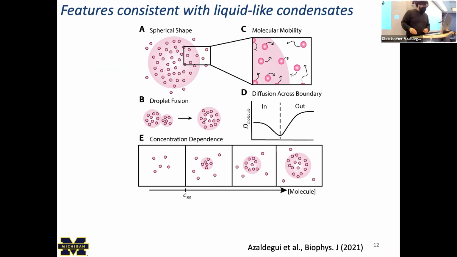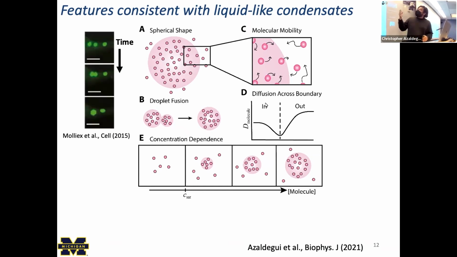So earlier I mentioned that there were specific observable properties of these compartments or these membraneless organelles, which suggested that they are behaving as liquid and potentially being formed through this mechanism of phase separation. And so I mentioned that using fluorescence imaging, they were able to observe that these membraneless organelles were forming spherical shaped compartments that were capable of undergoing fusion events, and you can see these things in vitro as well.